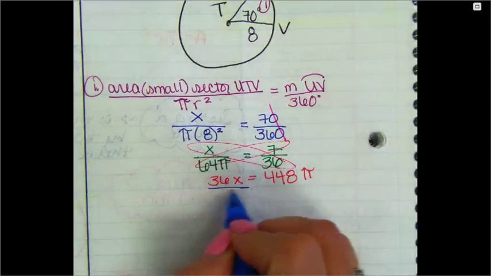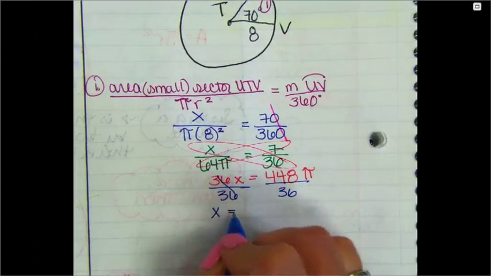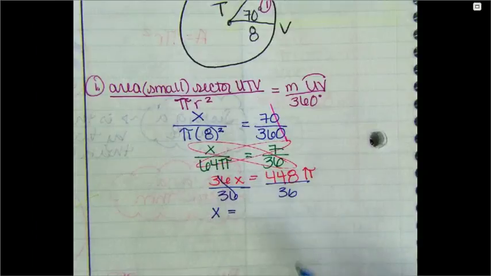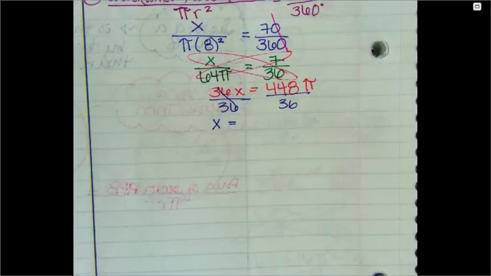36. So x equals, what can divide into 448 and 36? 2, 4. Divide by 4.